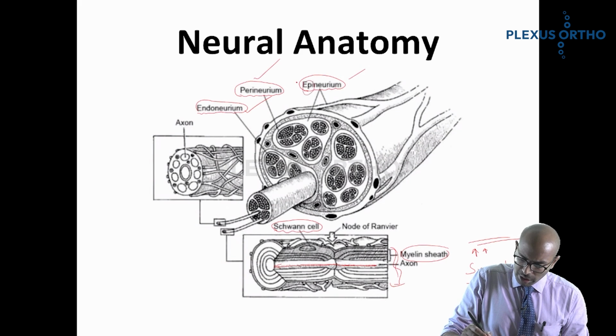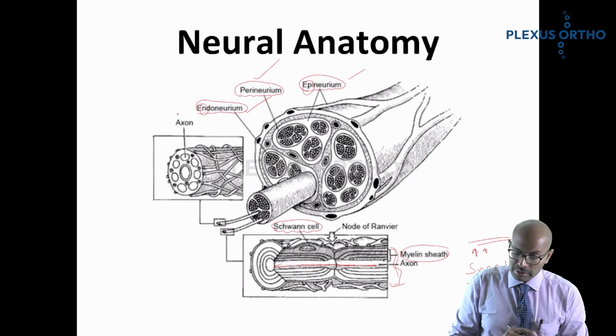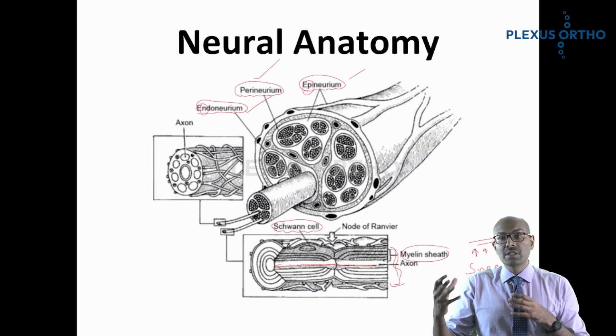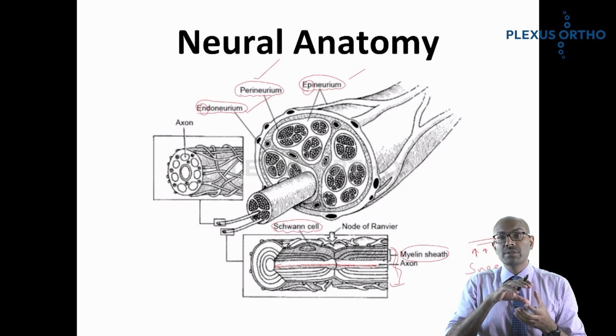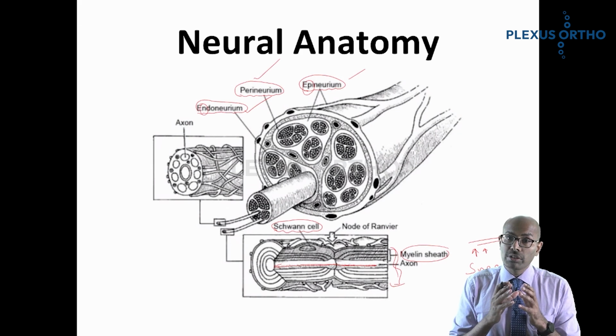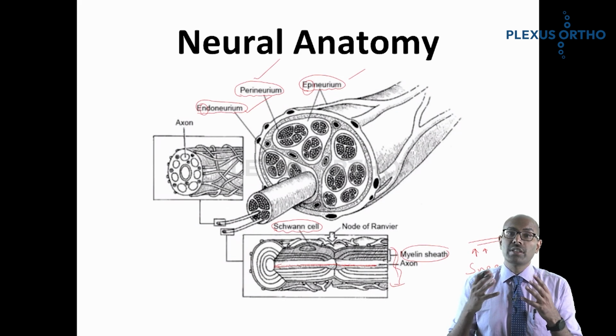P comes after N. So therefore, epineurium is outer, endo inside. So endoneurium is an inside covering of the axon, and perineurium is in between these two. Why is this important? It is important because you have to differentiate between the various types of injury, that is Seddon's classification and Sunderland classification, which we are going to discuss in more detail.